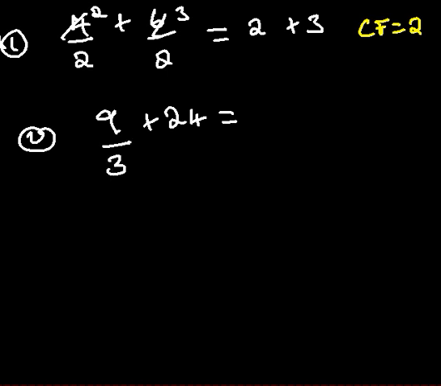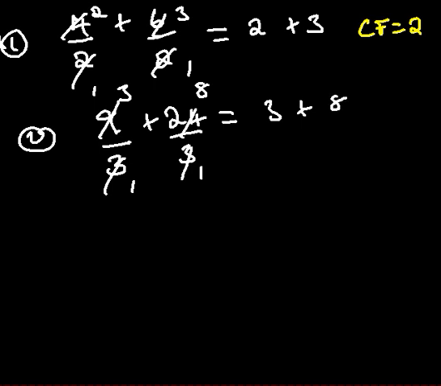3 into 9, we have 3, and 3 into 24, we have 8. Hence we can have 3 plus 8. So in this case, the common factor is 3.